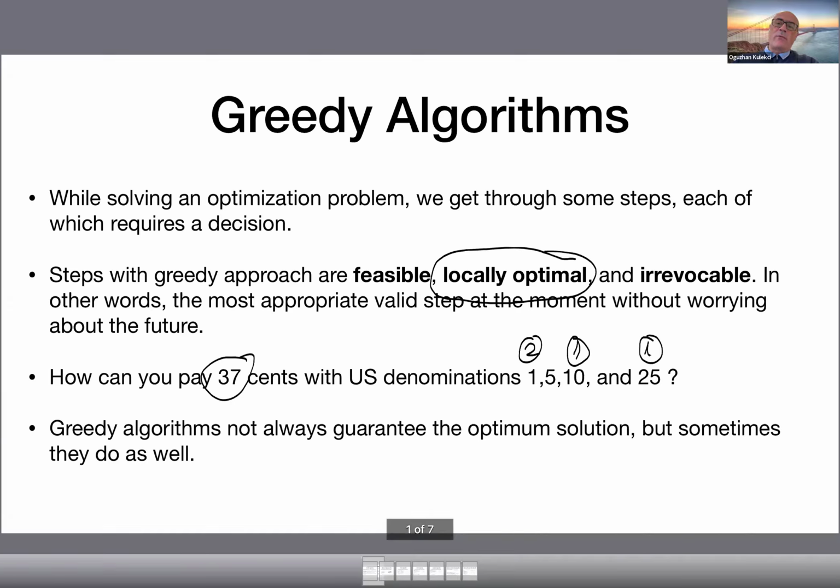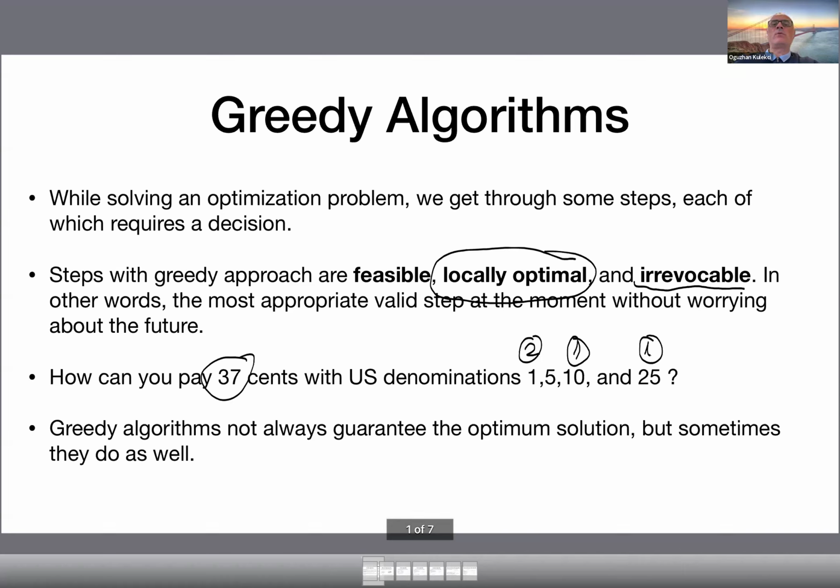On the other hand, whenever I take a move, it is irrevocable. That means I cannot take it back. That is a greedy algorithm. I am trying to solve an optimization problem, and at each step I take a decision that is locally optimal.